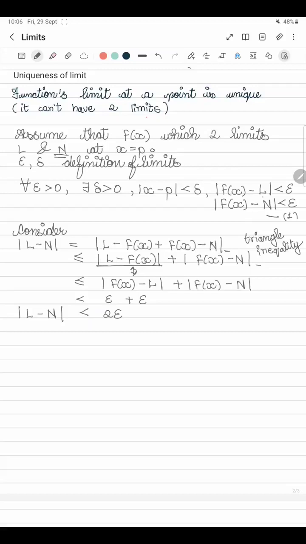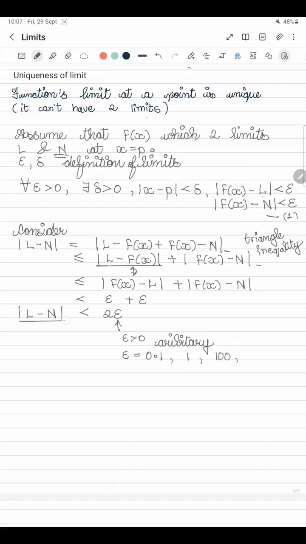And as we know that this number epsilon is greater than 0 and arbitrary, which means that epsilon can be taken as any number greater than 0, like 0.1, 100, anything.